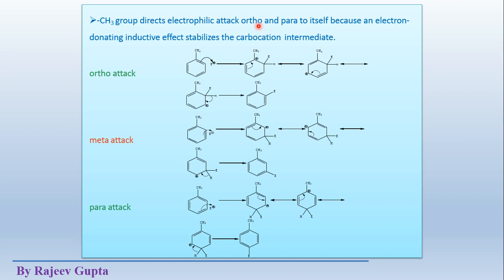In the case of ortho and para attack of an electrophile on the aromatic ring, the formed carbocation intermediate, which is also called a sigma complex, is more stabilized due to the plus I effect of this methyl group, of this alkyl group.